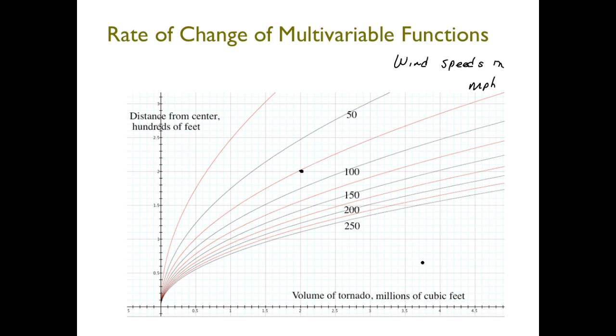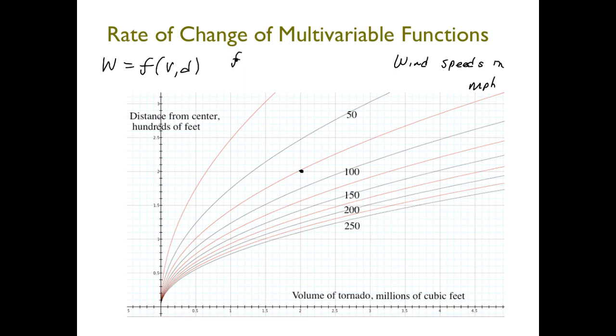All right, so we can say that wind speed is a function of W equals F of V comma D. W stands for wind speed, and it's a function of the volume of the tornado and the distance from the center.